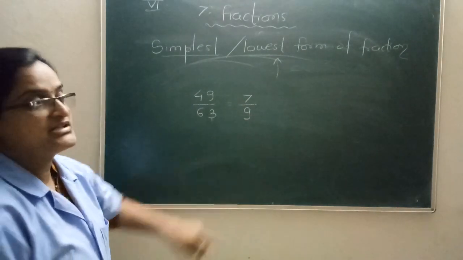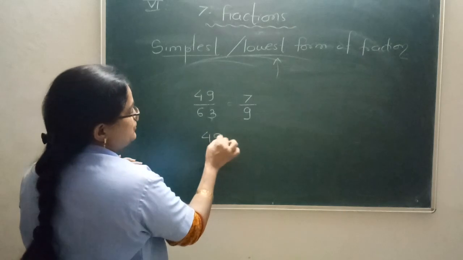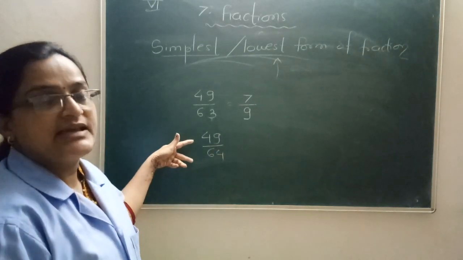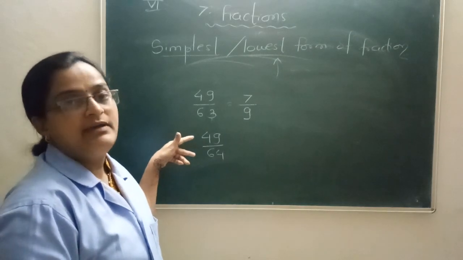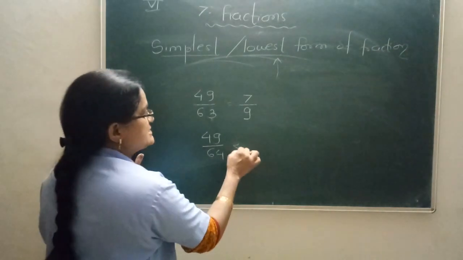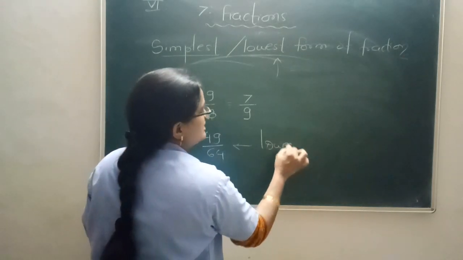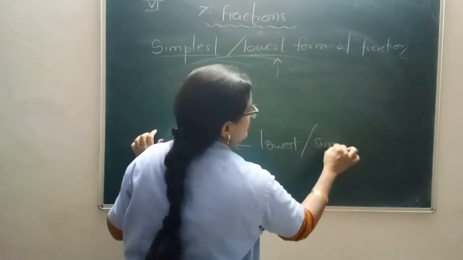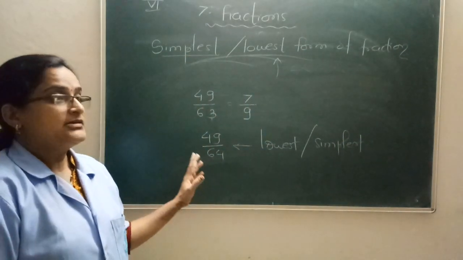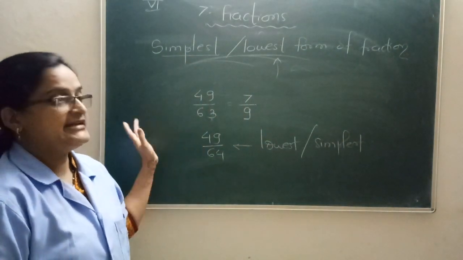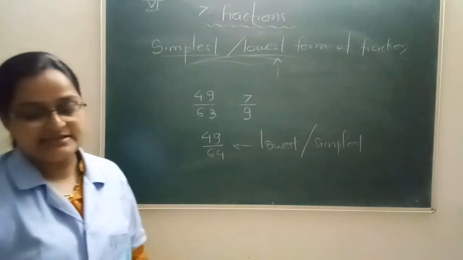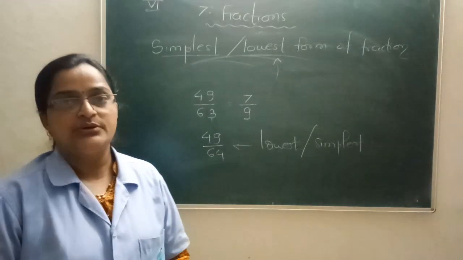But instead, if you have 49 upon 64, then you can say both of them don't have any factor common, and hence this is the lowest or the simplest form itself. Is that clear? Don't think that 7 square and 8 square. We are not thinking of squares here. Common factors over here. Is this concept very clear to you? Okay. Thank you.